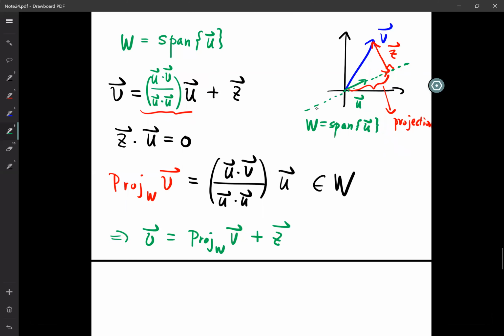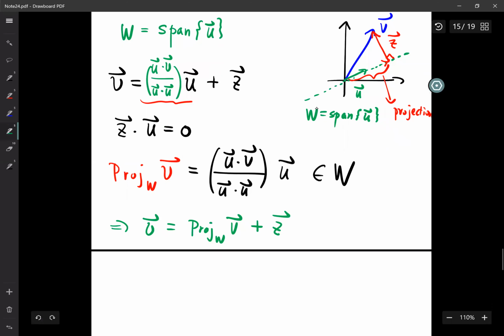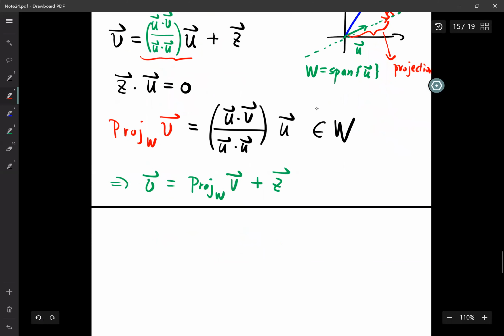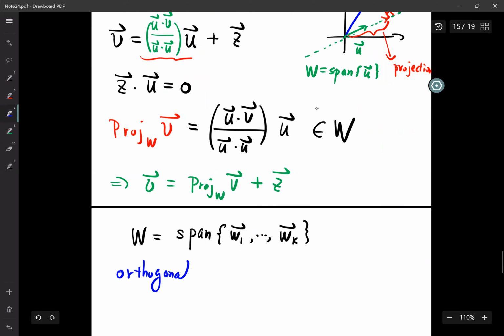There's no particular reason why w has to be one-dimensional either. I can consider w to be a k-dimensional subspace, the span of w1 through wk, and let's say this is an orthogonal basis set.